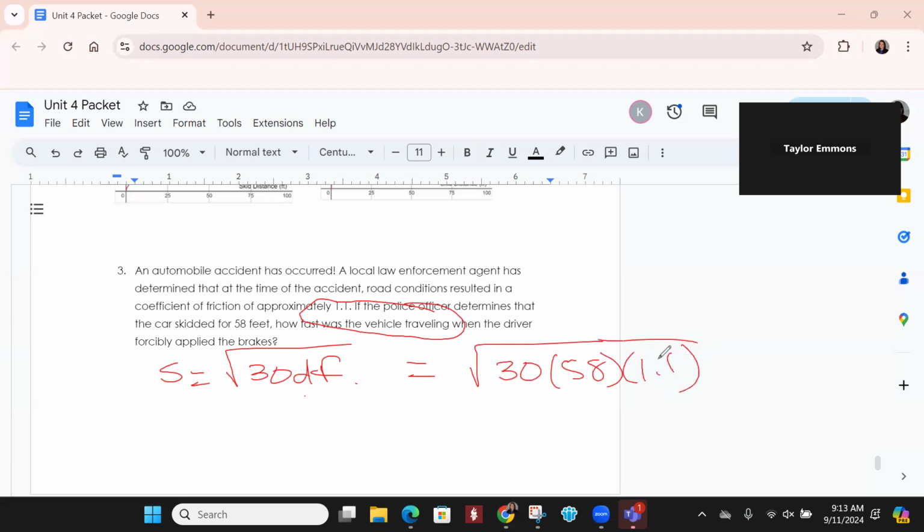Take a moment, plug that into your calculator. All right, so I got 43.75 miles per hour.